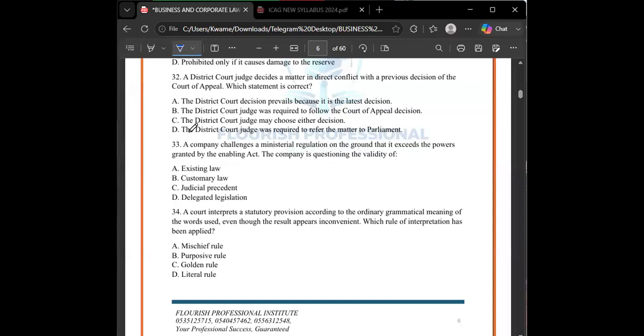C. The district court judge may choose either decision. D. The district court judge was required to refer the matter to Parliament. B. The district court judge was required to follow the Court of Appeal decision. Exactly. So this one too, we've already explained that.